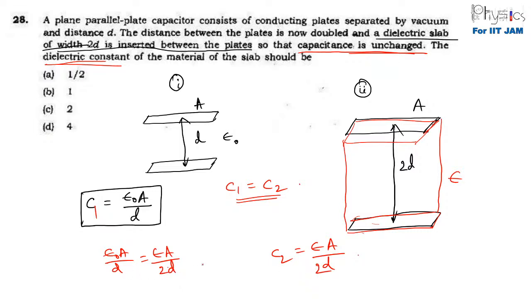Okay, so we get epsilon equals 2 epsilon naught. So the dielectric constant of the material of the slab should be 2. Okay, so is it clear, everyone? Should I go to the next question? Okay, I think I should go to the next question.